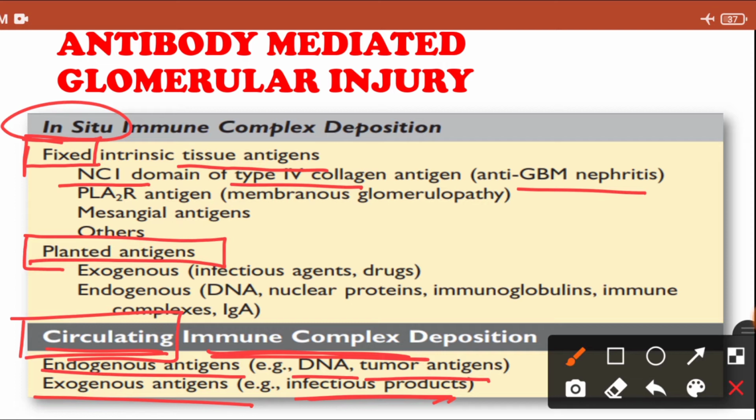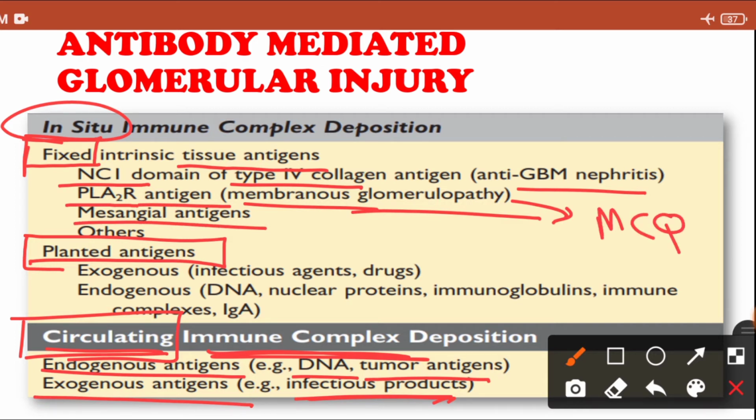Antibody can also form against the membranous antigen, particularly glomerular basement membrane, visceral epithelial cell antigen, right? In the podocyte, there is a presence of PLA2R antigen, against which antibody can form the immune complex and mediate the injury, which is known as membranous glomerulopathy, which is a most important MCQ.